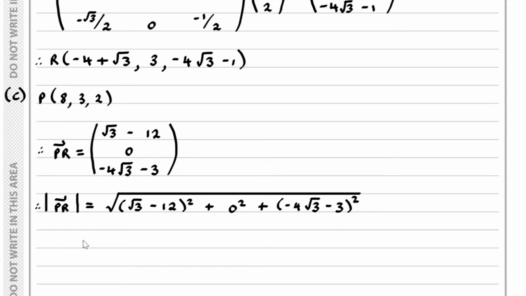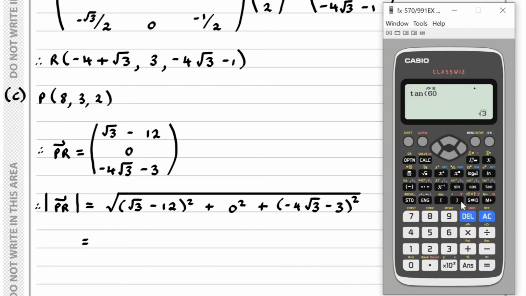If I work out what this is, we have the square root of root 3 minus 12 squared plus minus 4 root 3 minus 3 squared. Turns out we get 2 root 51.